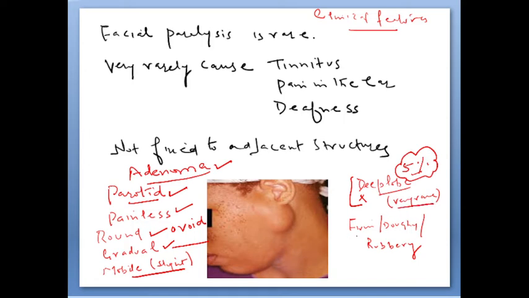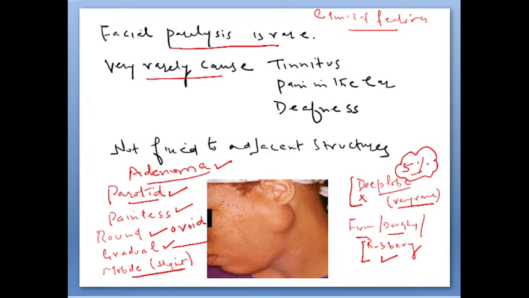It is firm, sometimes it can be doughy, and most of the time it is rubbery in consistency. Facial neuralgia is very rare in Warthin's tumor.